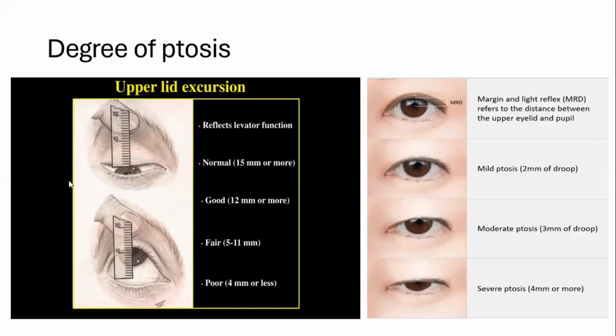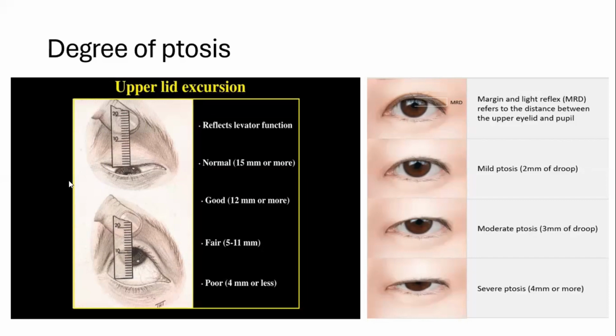So here a photo comparing the degree of ptosis by examining the MRD1. I will grade the ptosis into mild, moderate, severe according to MRD1. Also the levator function or upper lid excursion, either normal, good, fair, or poor.